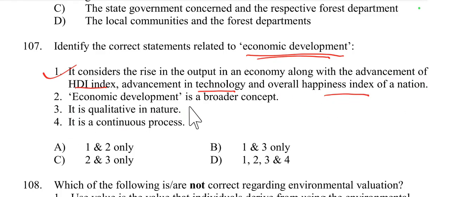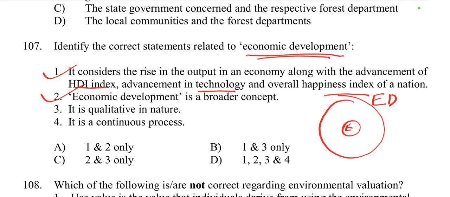Then economic development is a broader concept. Yes. There are two concepts, economic growth and economic development. Growth is a narrow concept and the broader concept is economic development. Economic growth is the smaller concept. It is qualitative in nature.